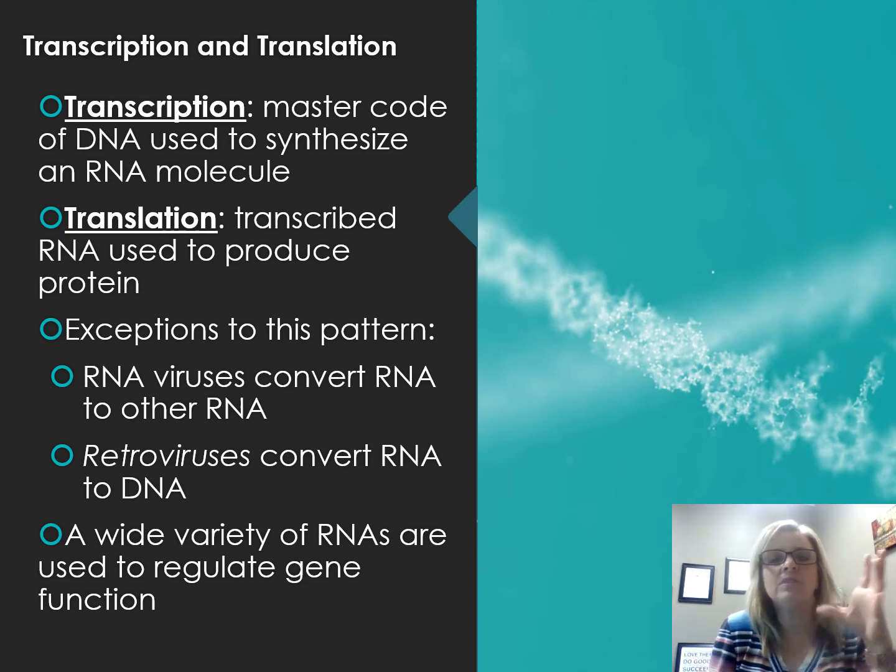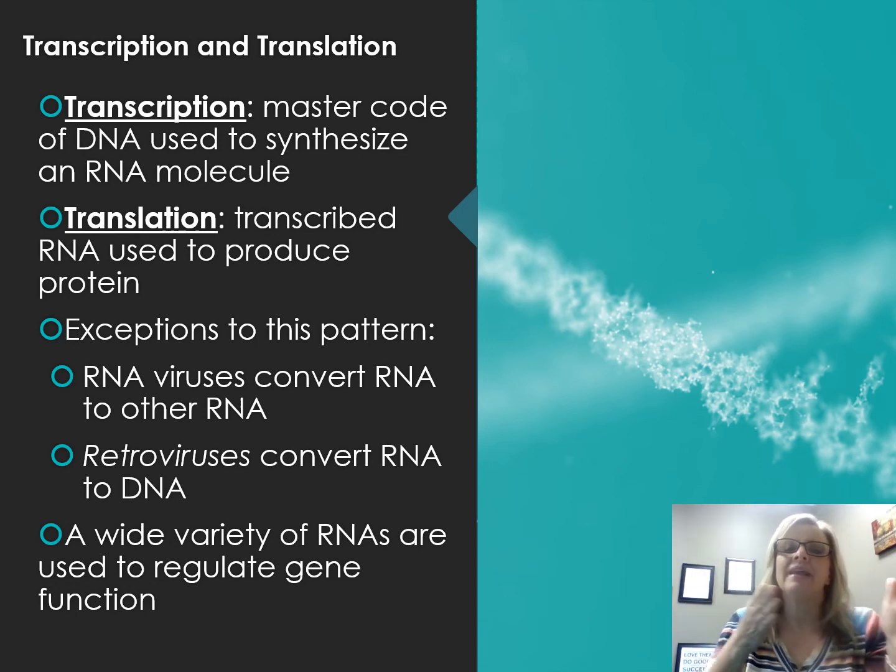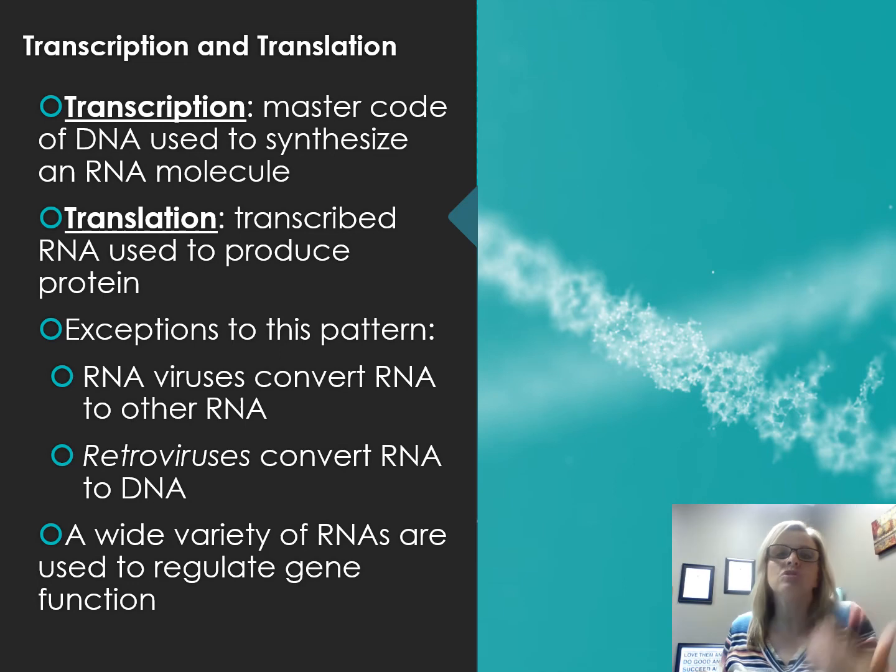This is what we call basically the central dogma, which basically means a central theme of biology. And this is really important, be sure you write this down: genetic information flows from DNA to RNA to protein. That is the central dogma or theme of biology.